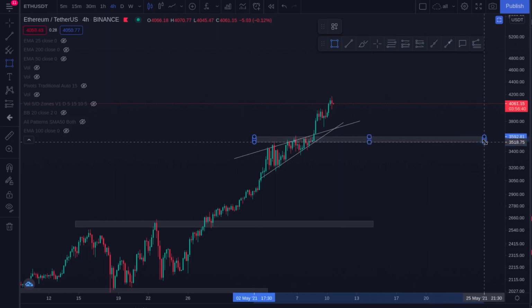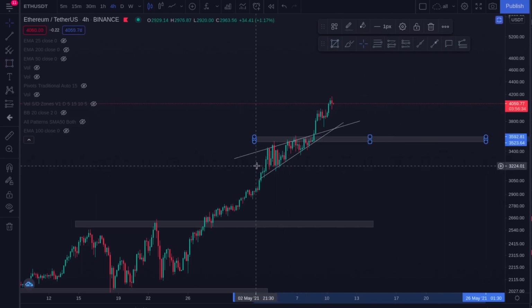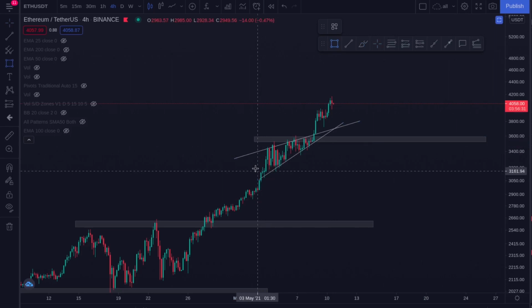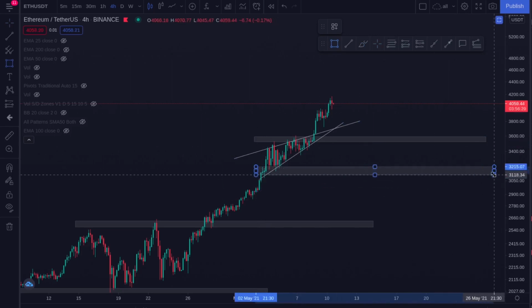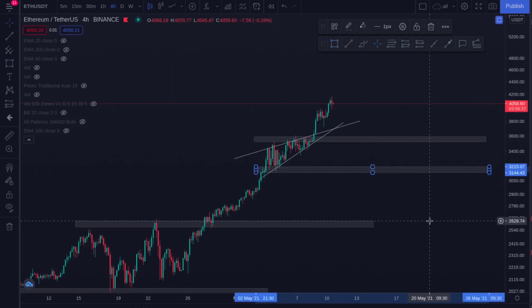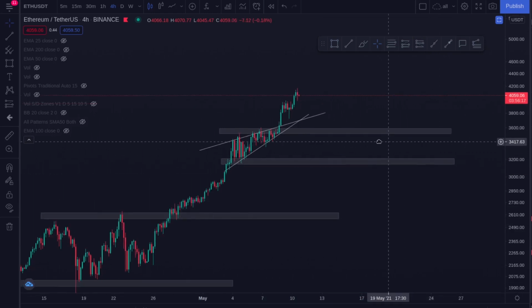We can consider buying over here, some over here, and this can also be a good zone for buying, and then some over here. So basically around 3500 and then around 3200 should be the buying zones.